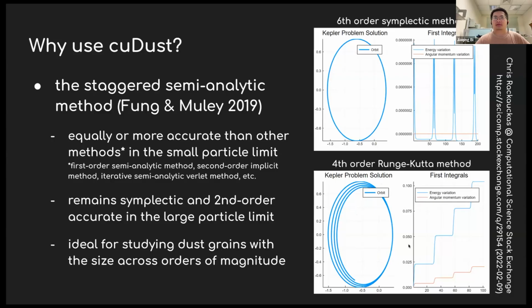Because all the methods have errors, but a symplectic method can keep its error within a certain magnitude, and it doesn't accumulate. But a non-symplectic method accumulates its error. So over time the error goes larger and larger, so the result will shift, which you see from the diagram. The orbit does not overlap over time.